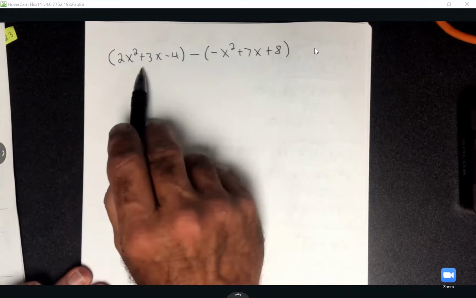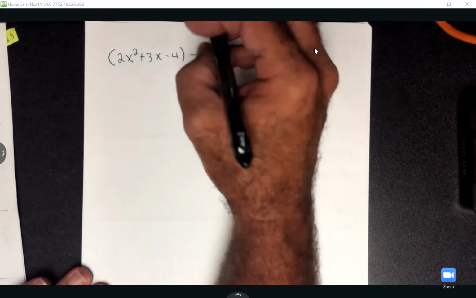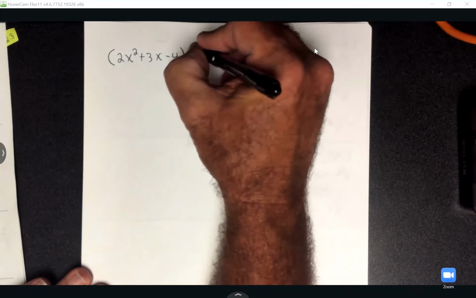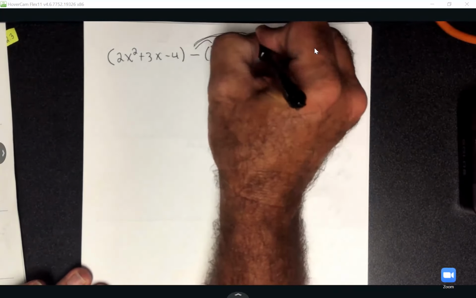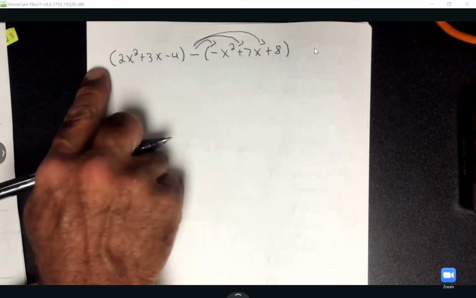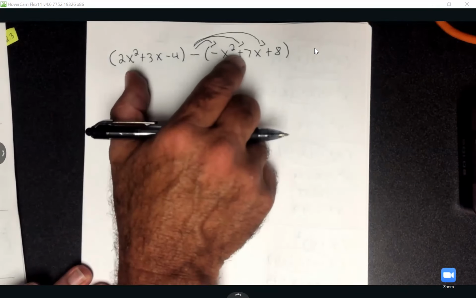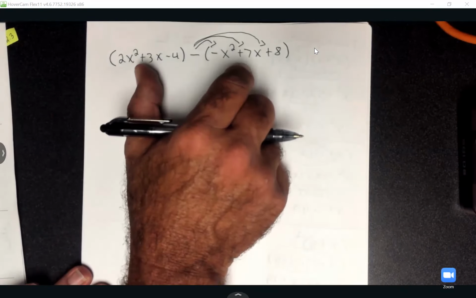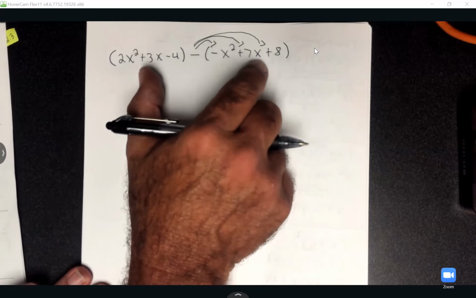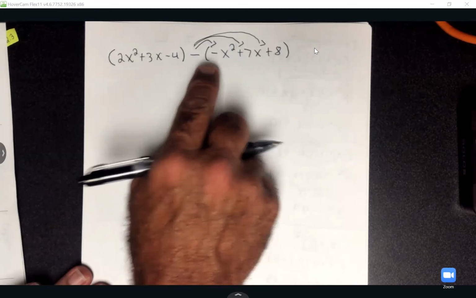And the trick is any parenthesis that follows subtraction, you got to distribute that subtraction through the whole parentheses. So nothing in front of the first parentheses. And this has to be done before you can start trying to add these, okay? Because if you add them like they look, the signs might be bad. So drop your parentheses when you're subtracting.